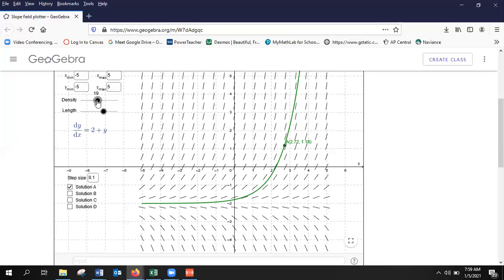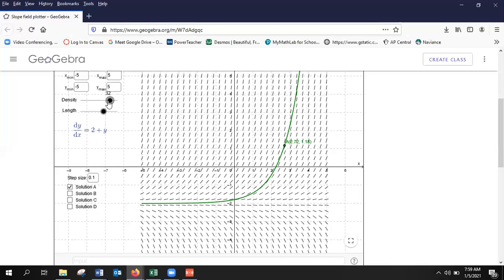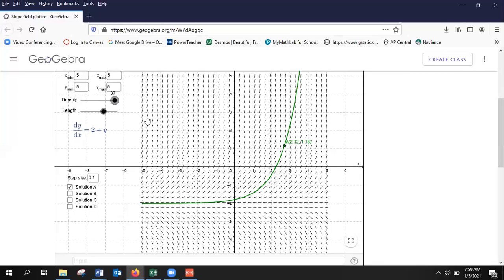What I like about this one is we can make more and more and more, so we can have a little bit more accuracy in terms of what that curve would look like if we were to draw it, which we're going to. But again, this point locks in where exactly the object will flow. I guess what I'm thinking in my mind is this is almost like a wind current.